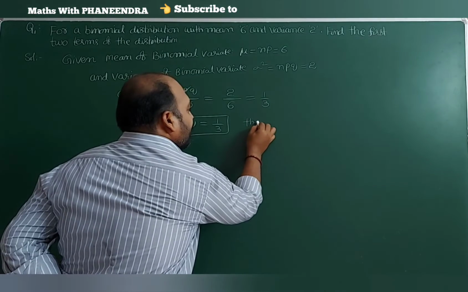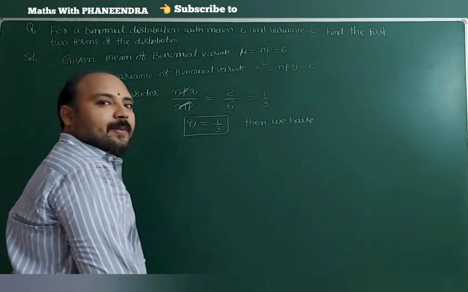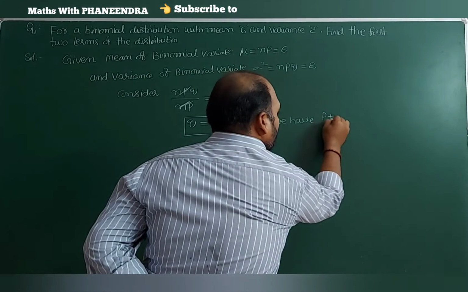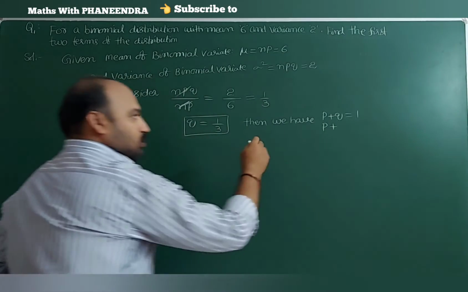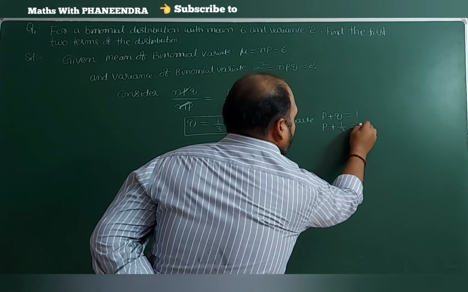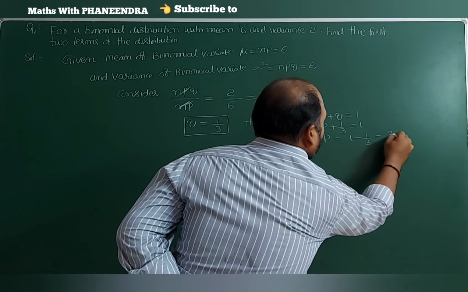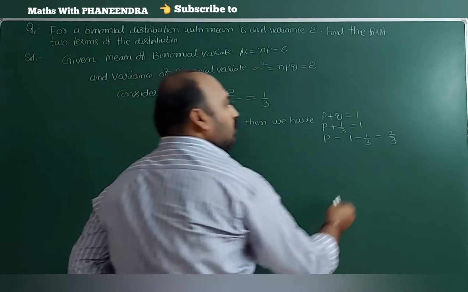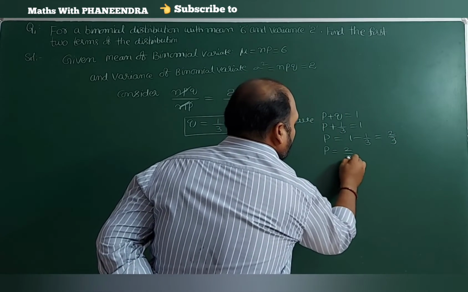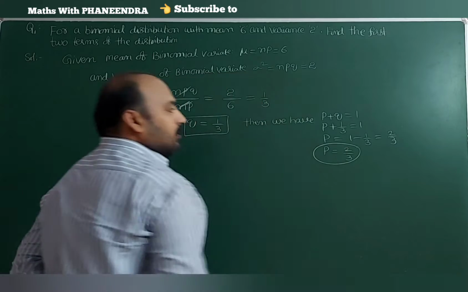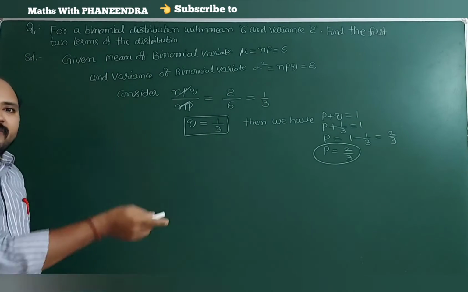Then we have p plus q is equal to 1. So substituting q value 1 by 3, p is equal to 1 minus 1 by 3. So p is equal to 2 by 3. The q value and p value are over.